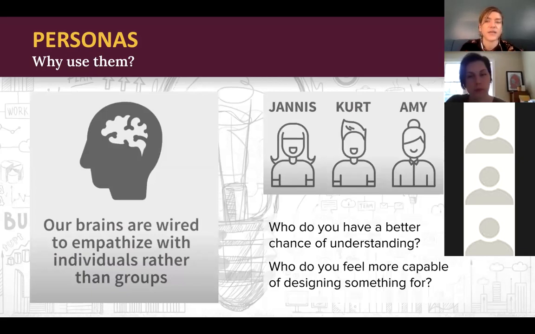And there's a lot of science around this. This is obviously just a very watered down way of saying we empathize with people less than we do with groups. And the better we understand who those people are, the better we feel like we can work with them, build for them, and build with them.